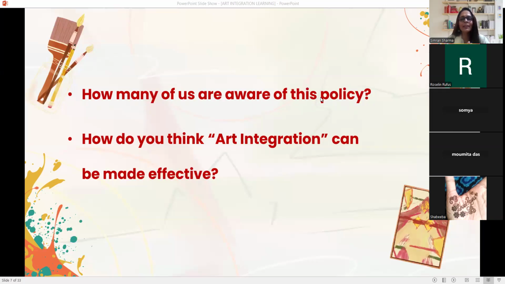It should also encourage student collaboration. It also connects real life and cultures. Okay, and the most important is it should give students freedom and flexibility to present their ideas in different ways. Then only art integration is effective.